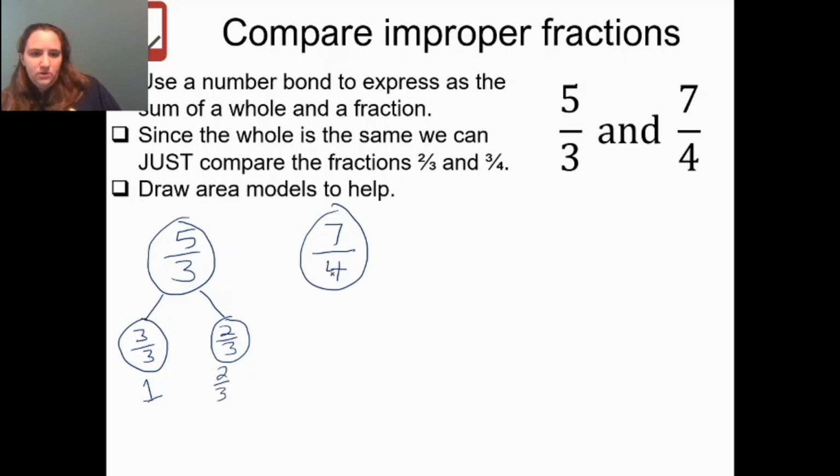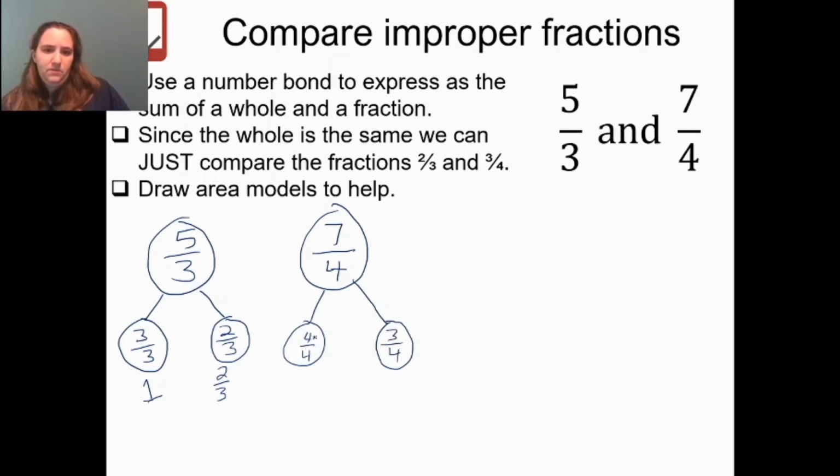Okay, so we're going to do the same thing here. So we have 7 out of 4, and so we at least have 1 whole, and so we have 4 fourths, and then in this one we have left over 3 fourths, because 3 plus 4 gives us 7. So this becomes 1 whole and 3 fourths.